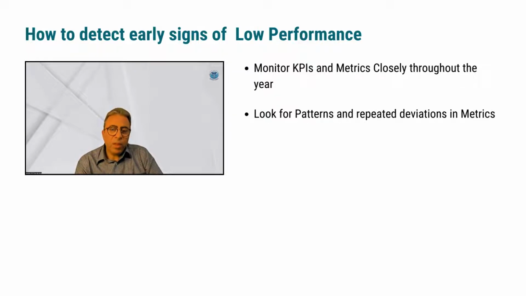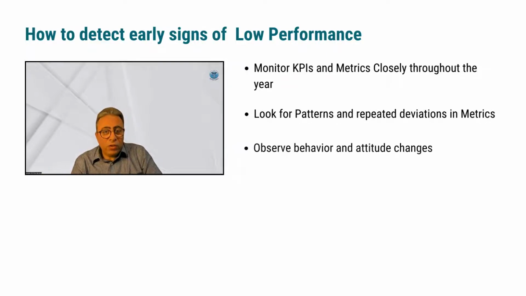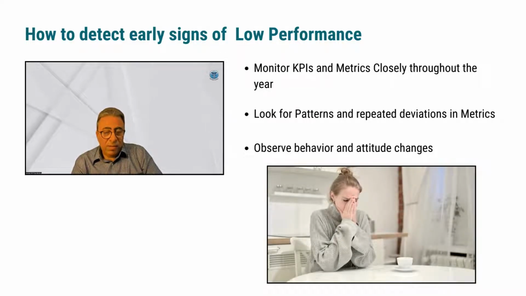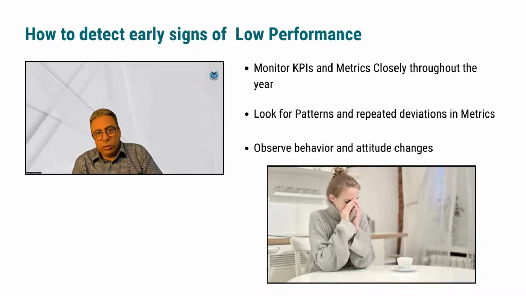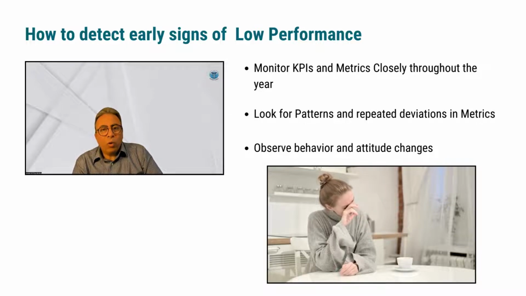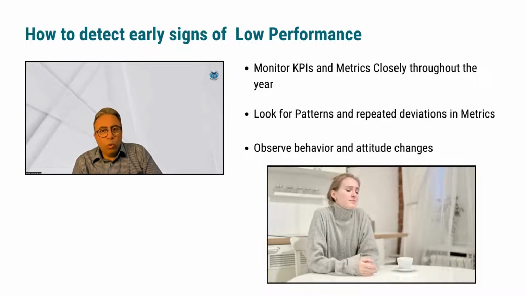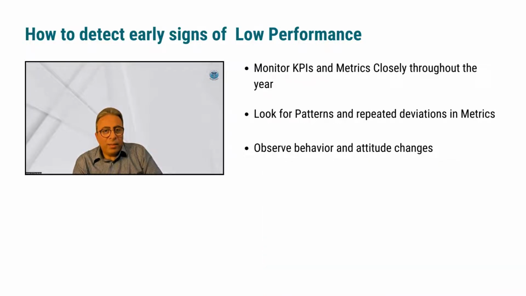So when you monitor metrics, look at repeated patterns in order to make an informed judgment. The second recommendation is to also observe behavioral changes and behavioral patterns. A colleague in your team who is always objecting, who is always unhappy, is an important sign and can be an early sign of an underlying bigger problem.